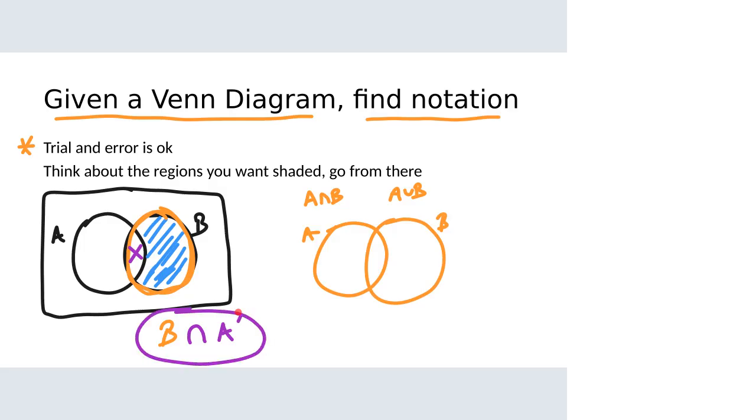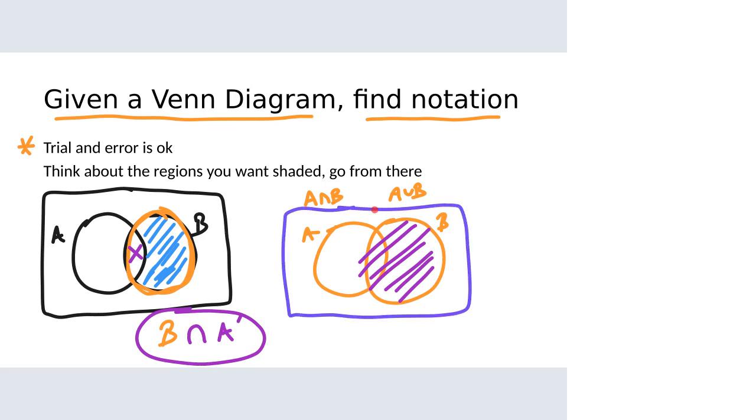Let's try B intersect A complement and see if that works. B would be here. A complement, everything that's outside of A would be the opposite direction because we're doing intersection. Everything outside of A, the only thing shaded is region 3 in this 2-circle diagram. And sure enough, that's what I was trying to get.